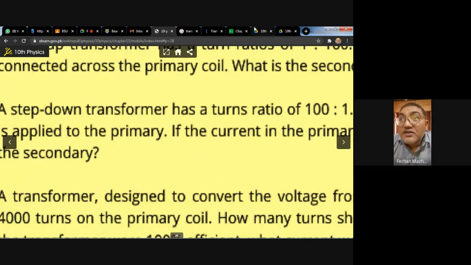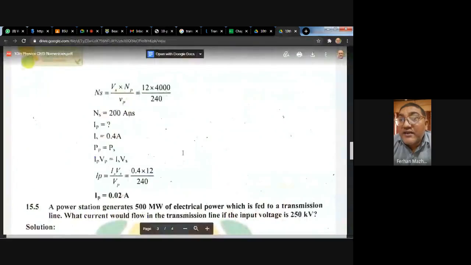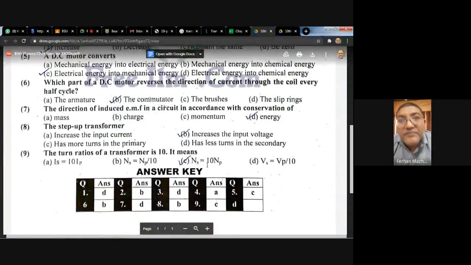So I don't agree with this answer. The number of turns in the primary divided by the number of turns in the secondary is equal to 10/1.